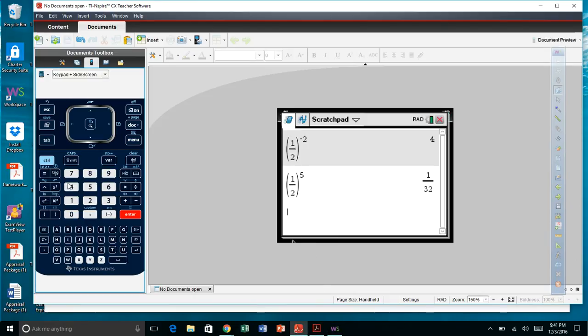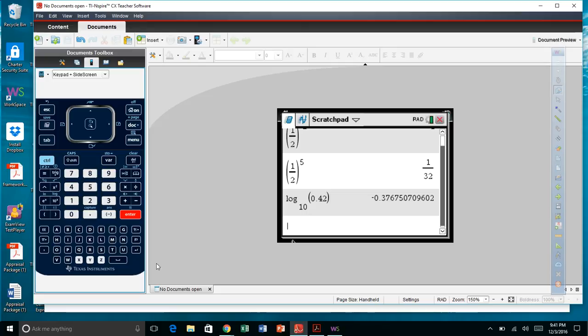So we're going to press the log key, log, and then we're going to leave that blank, and I'll show you. And then we're going to put 0.42, press equal, and that gives you negative 0.3767.